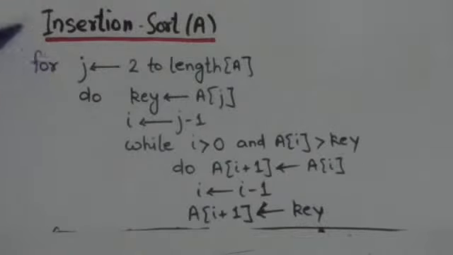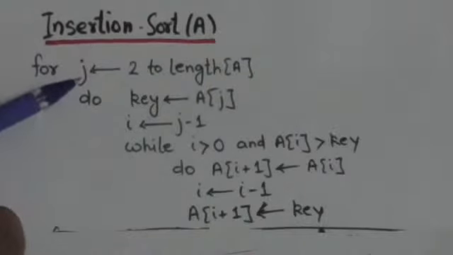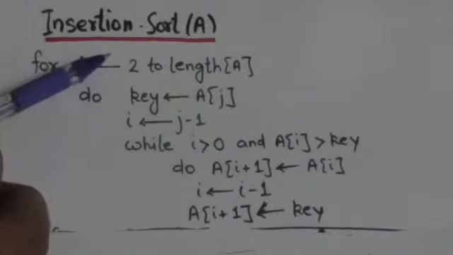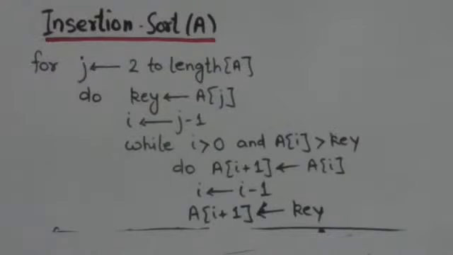Initial value of variable j is 2 and this for loop executes until the value of j becomes larger than the length of array. After each pass in the for loop, the value of variable j is increased by 1.